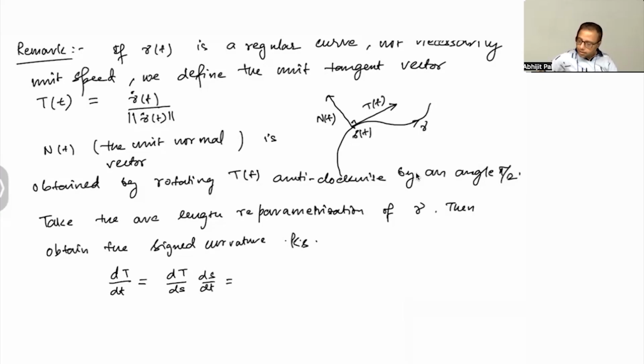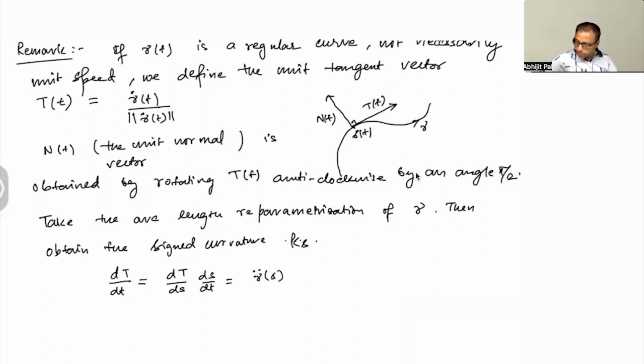Okay, and this dT/ds is my gamma double dot s.